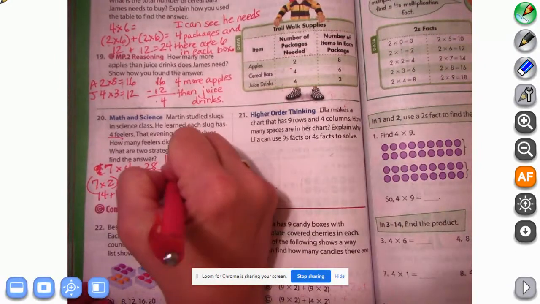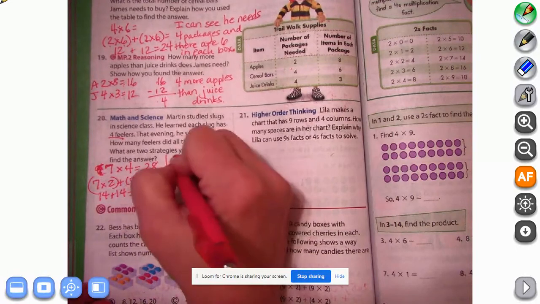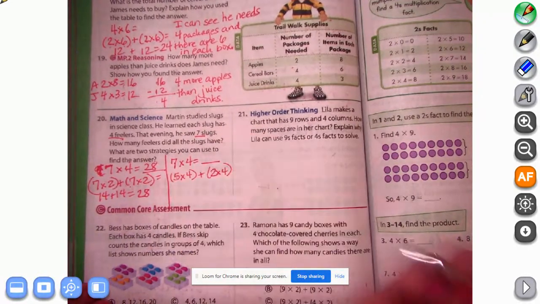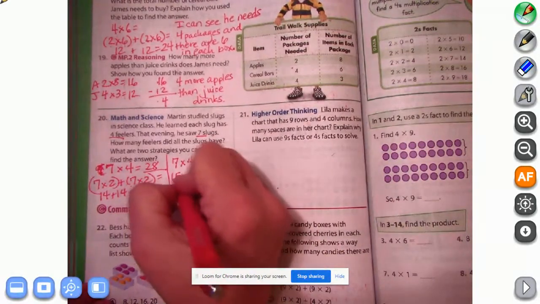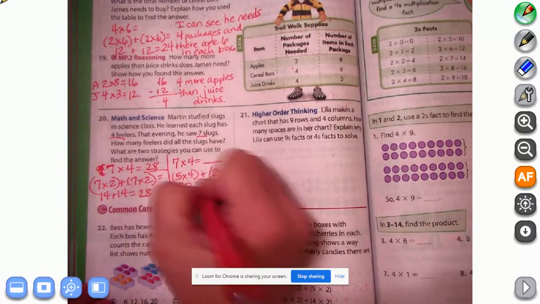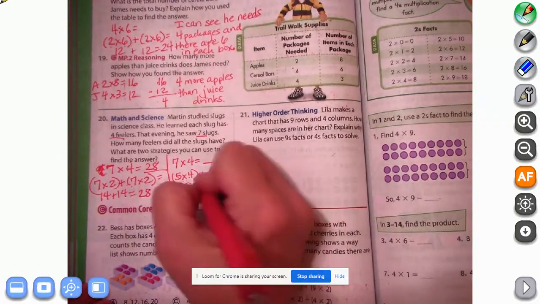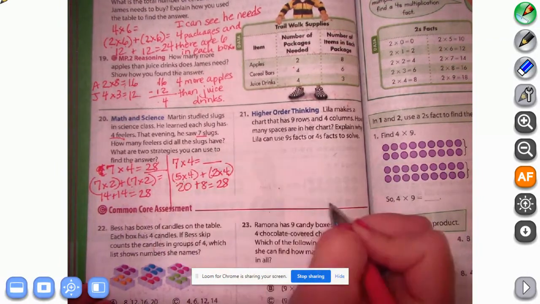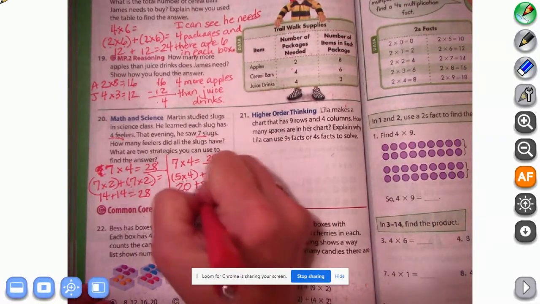So we're going to break up 5 times 4 plus, now we need 2 more to get to 7, 2 times 4. 5 times 4, 5, 10, 15, 20, plus 2 times 4. 4 plus 4 is 8, so that equals 28. 28 feelers.